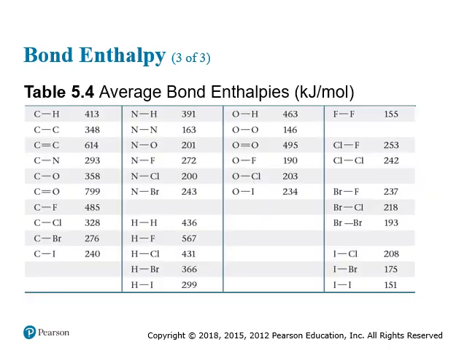Here we see a table of average bond enthalpies. The first enthalpy listed is that of a carbon-hydrogen single bond, one of the bonds that we would see in a molecule of methane. In order to break a mole of carbon-hydrogen single bonds, 413 kilojoules worth of energy are required.